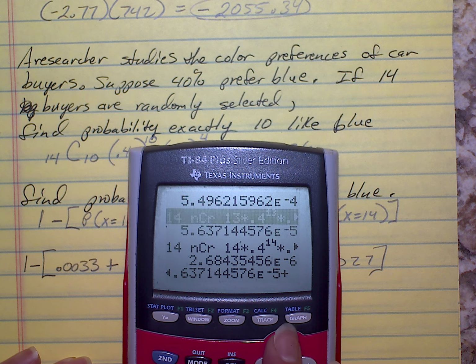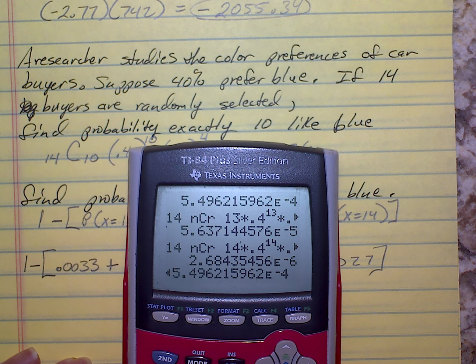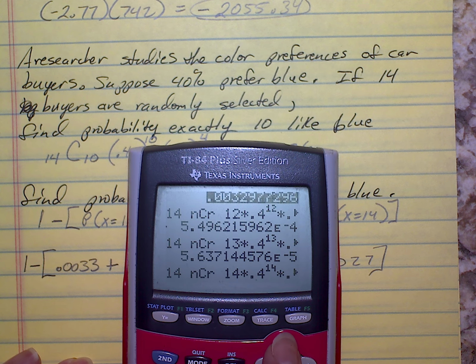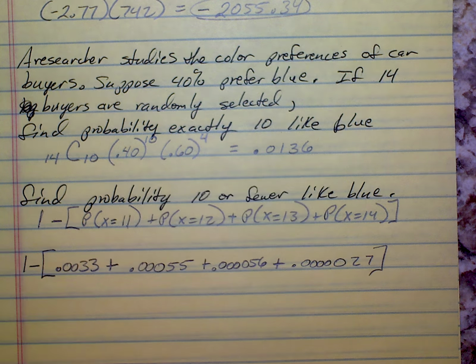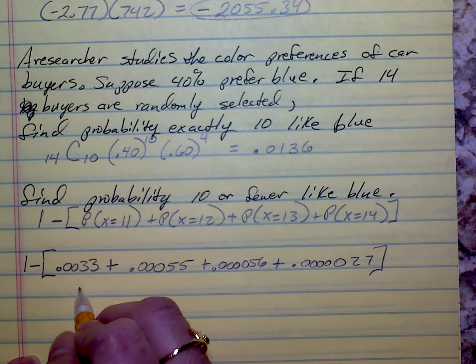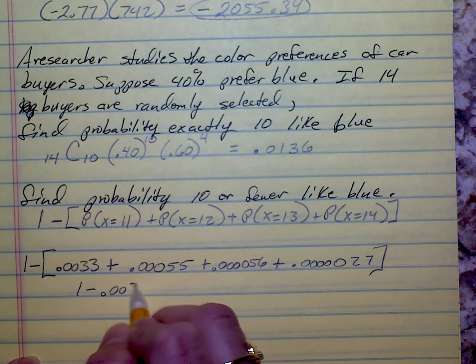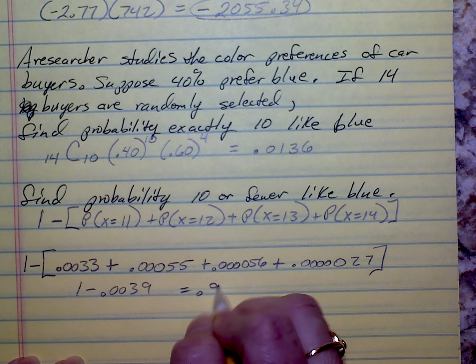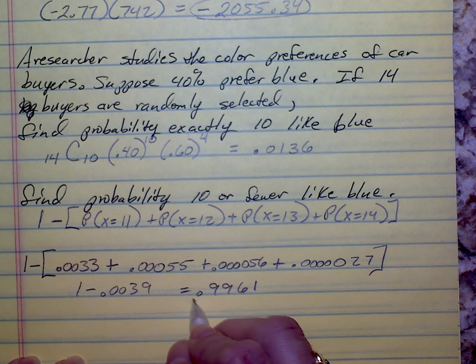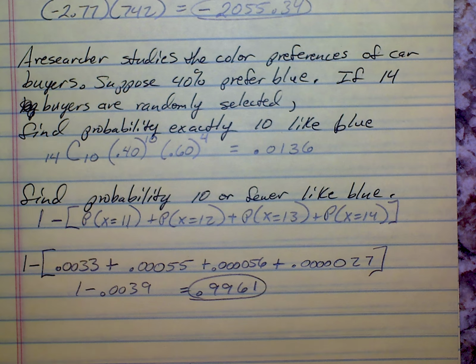Plus, it's been a day. Plus this one. And that's it, I believe. 1 minus 0.0039, basically. And that gets me 0.9961. There's the probability that 10 or fewer like blue.